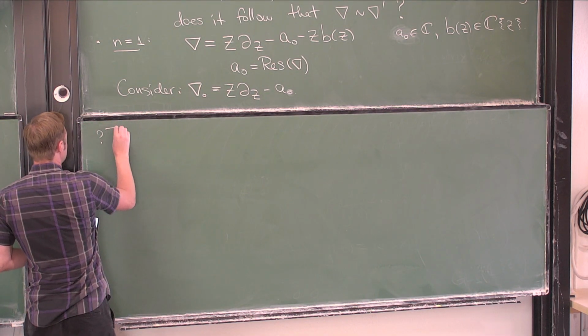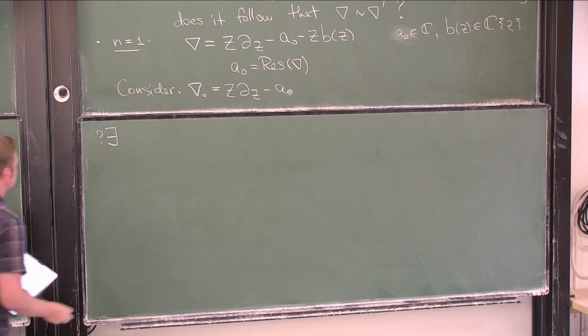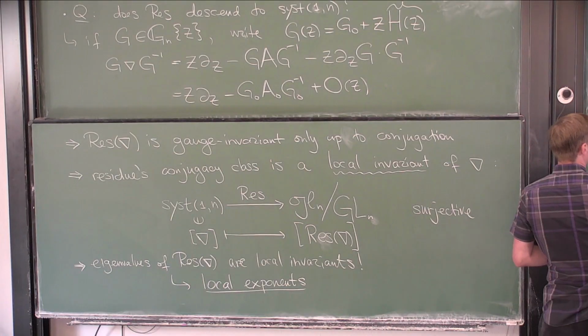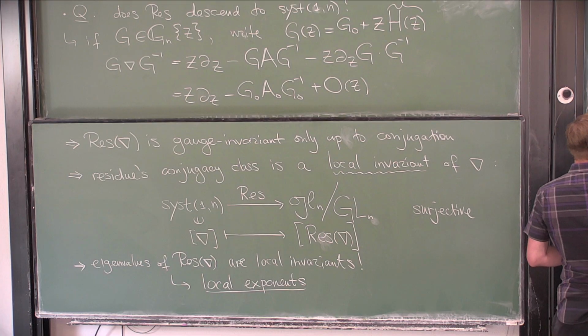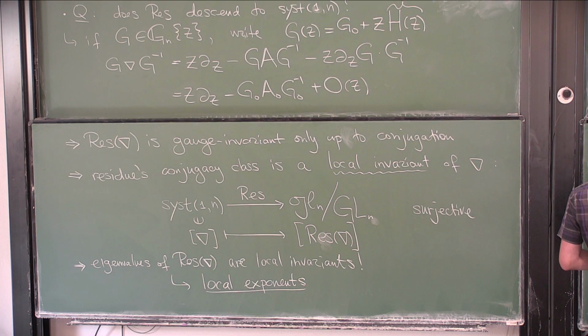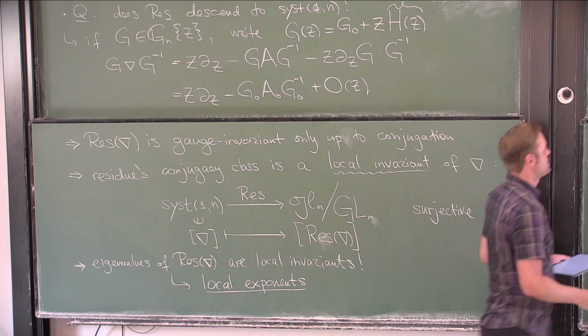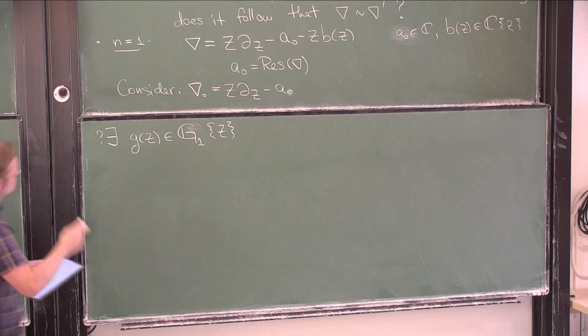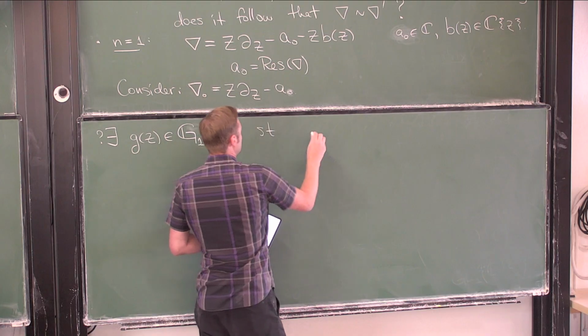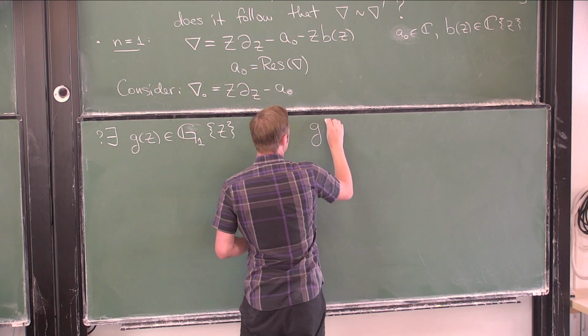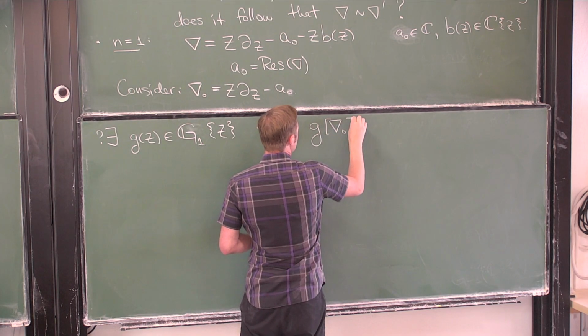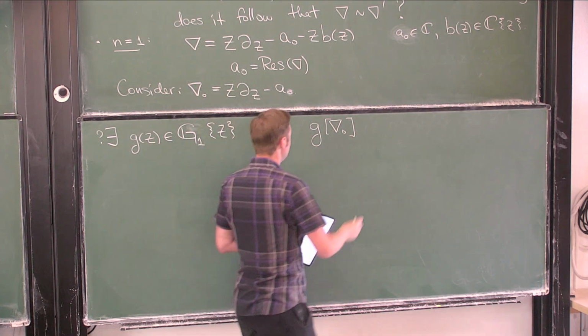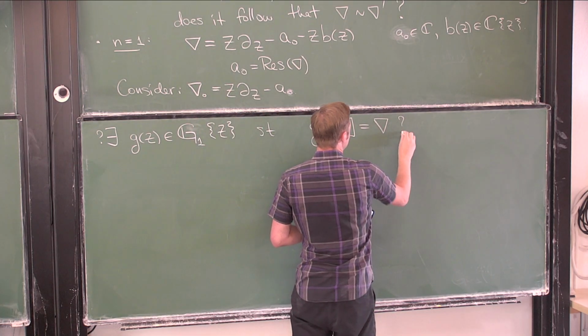A question that we're asking is, does there exist a gauge transformation G, which is just an invertible power series in Z, such that G applied to, let's say, nabla naught is nabla?